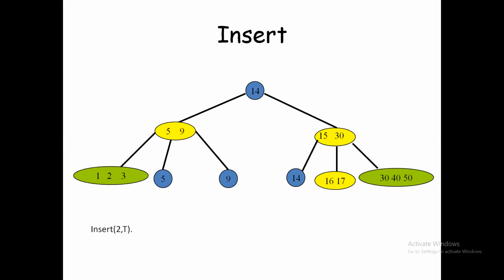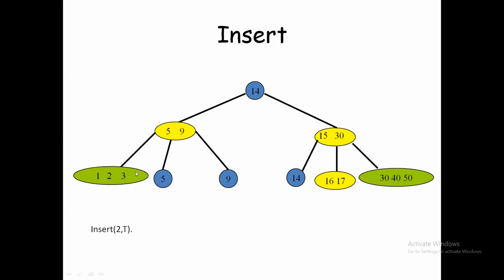So now I inserted 2. Fine, there's no problem at all. If I try to insert, for example, 4, there comes the problem. We said that it should have at most 3 children only. It should not have more than 4 keys in an element.